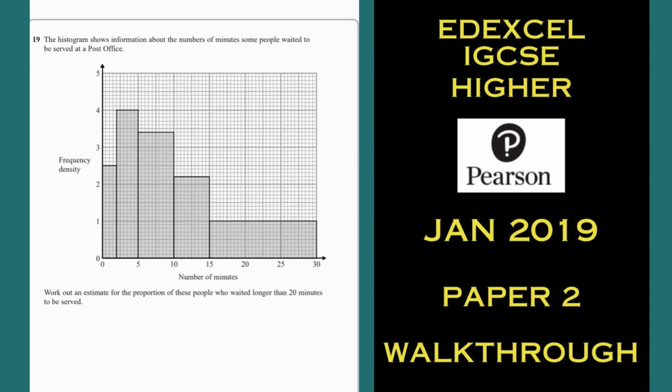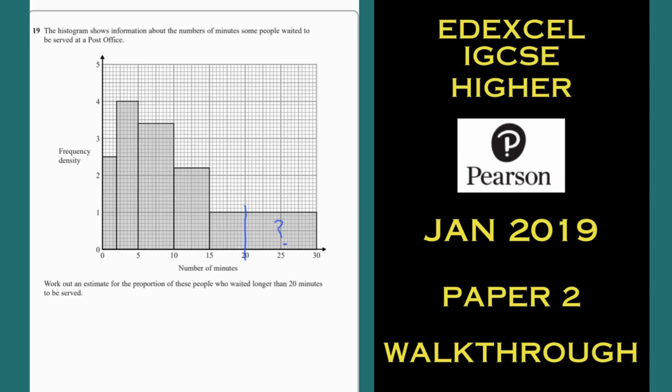So we have a histogram. It says work out an estimate for the proportion who waited longer than 20 minutes. So longer than 20 minutes really means what fraction of people out of the entire histogram are up there.